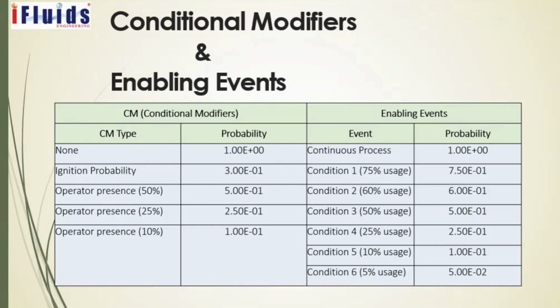This is a small table showing the conditional modifiers and enabling events. For the conditional modifier for ignition probability, once in 3 years, once in 5 years, operator presence of 50%. So it goes on like that. Same way, the enabling events are also given.